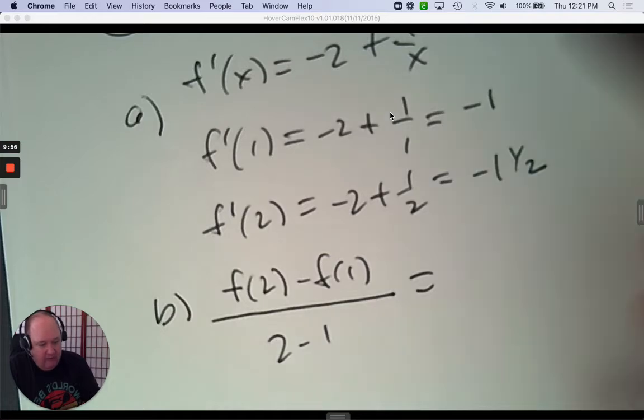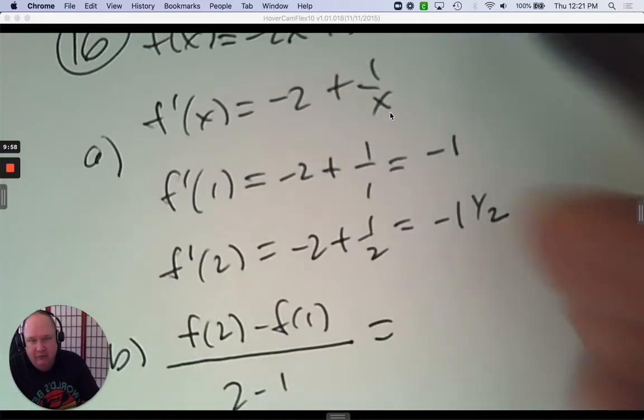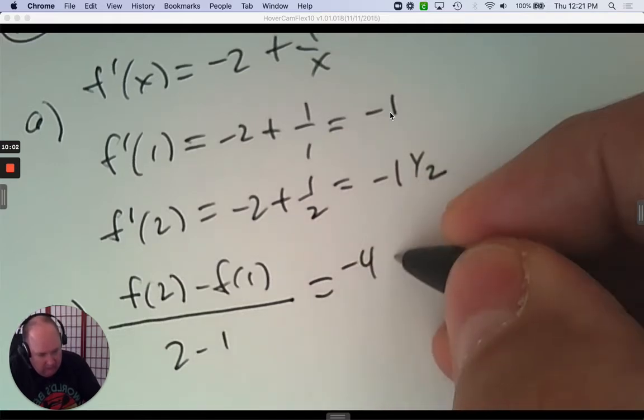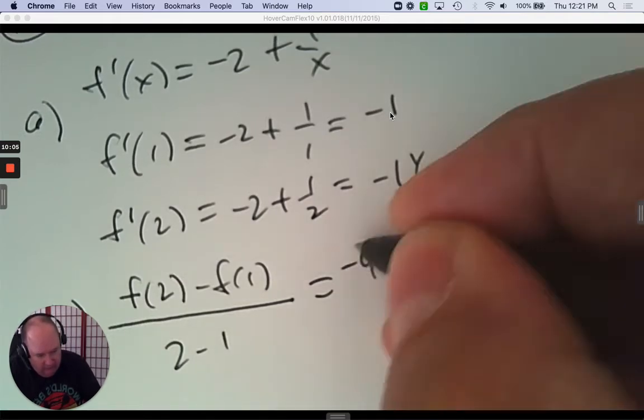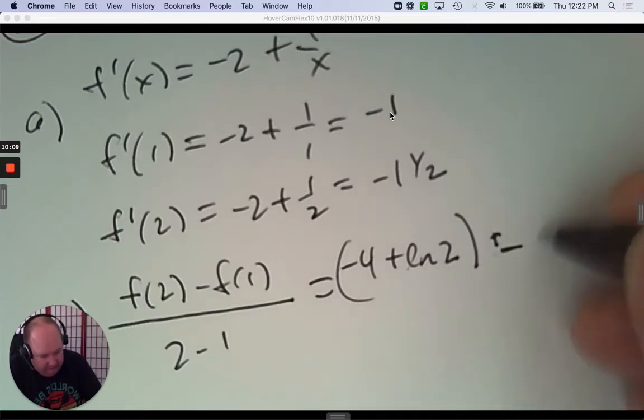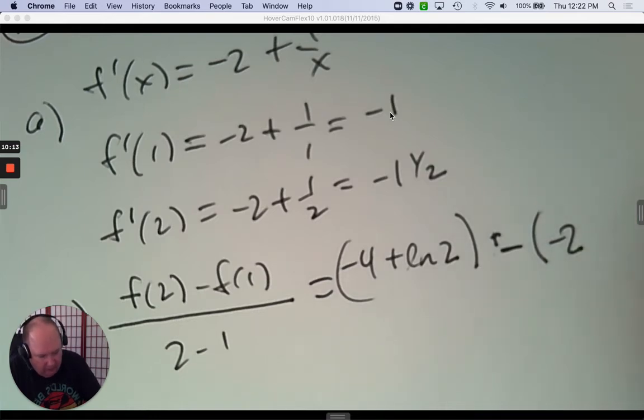So we just found f at 2. So f of 2, plug 2 in. That's negative 4 plus ln 2. Subtract, plug 1 in. That's negative 2 plus ln 1.